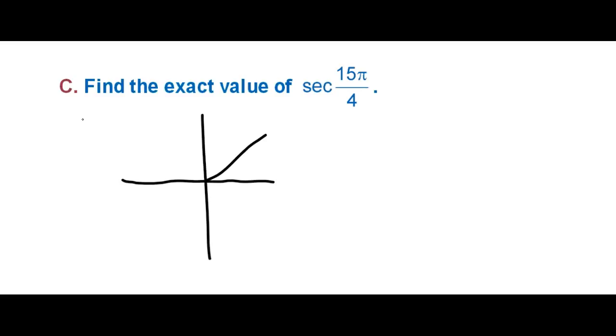So if you can imagine counting 15 of these half axes, essentially, you've got 1 pi over 4, 2 pi over 4, 3, 4 pi over 4, 5, 6, 7, 8, 9, 10, 11, 12, 13, 14, and 15. Pi over 4 is going to lie down here. So I'm going to be using, of course, pi over 4 as my reference angle.